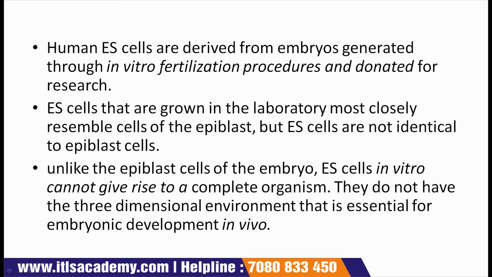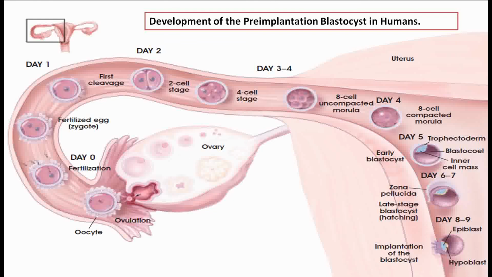Coming to the next point, embryonic stem cells that are grown in the laboratory most closely resemble cells of the epiblast. You can see here these are cells of the epiblast, that is the attached portion of the blastula.